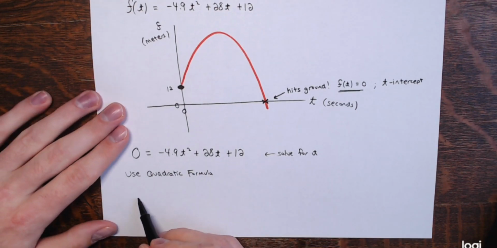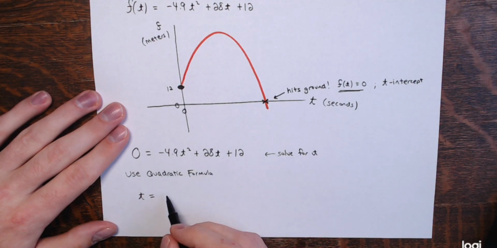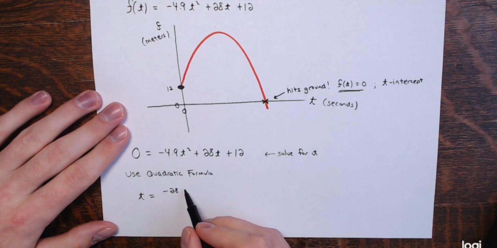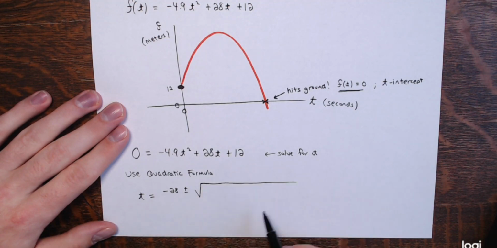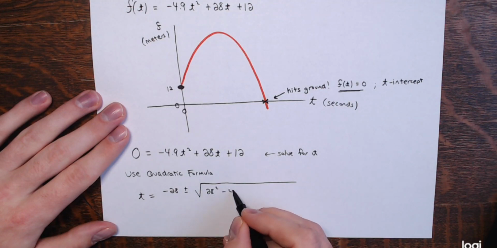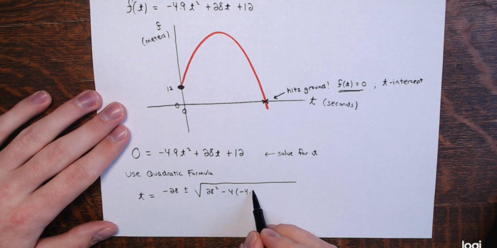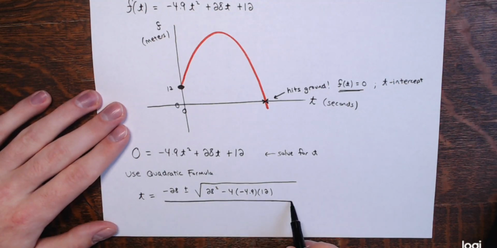So remember, it was t equals, or x equals, the opposite of b, the opposite of the linear coefficient, so negative 28, plus or minus the square root of b squared, 28 squared, minus 4 times a, the quadratic coefficient, the lead coefficient, negative 4.9, times c, positive 12, the constant term, all that's in the square root, and then all of that is divided by 2 times a, 2 times negative 4.9.